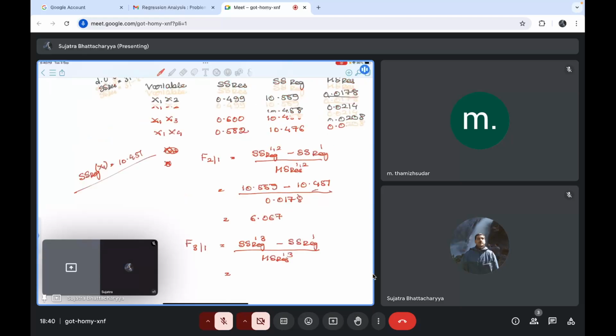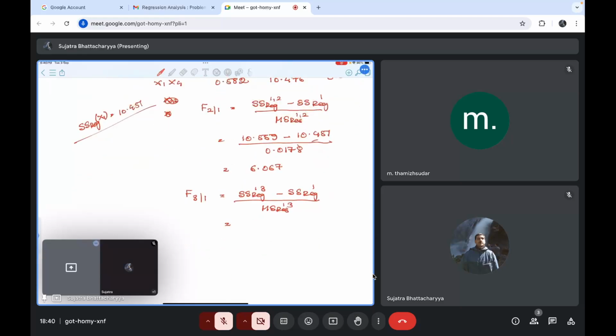I have already given it here. So it is 10.458, and this will remain the same, divided by the MS residual, 0.0214.